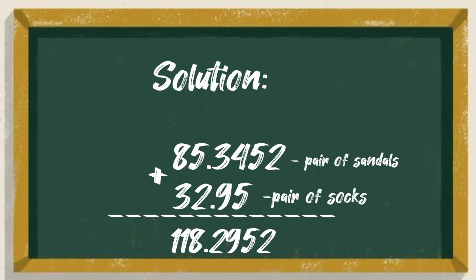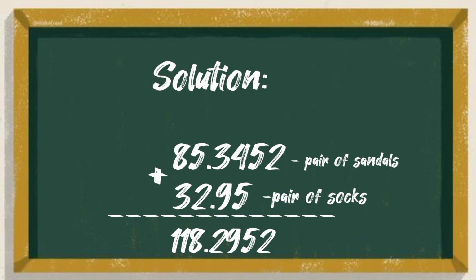This is the process on how we are going to solve the problem. First, let us put the given numbers, which are 85 and 3,452 10,000s, a pair of sandals, and 32 and 9,500s, a pair of socks. Make sure when you add the given numbers, the digits are arranged according to their place value.